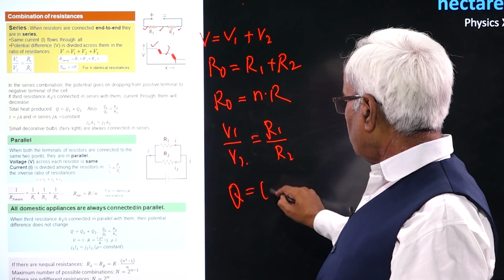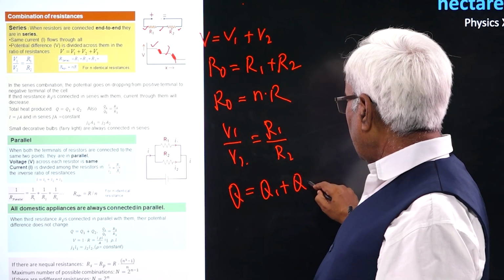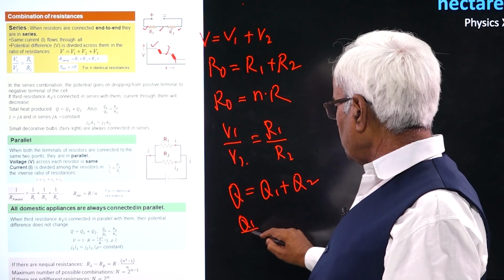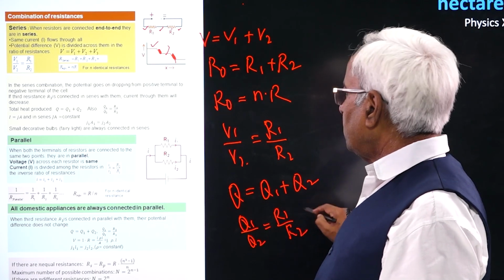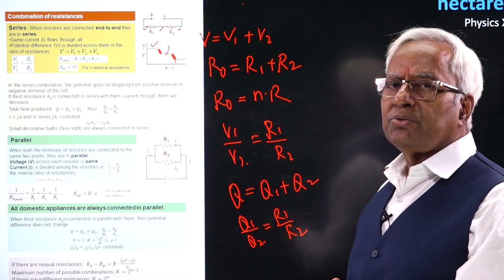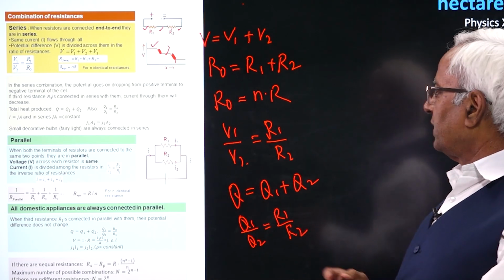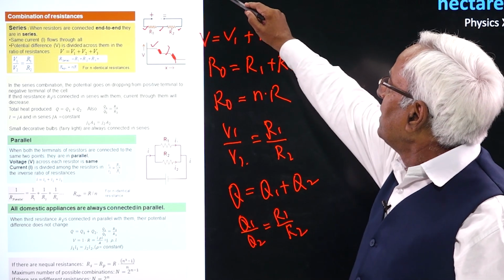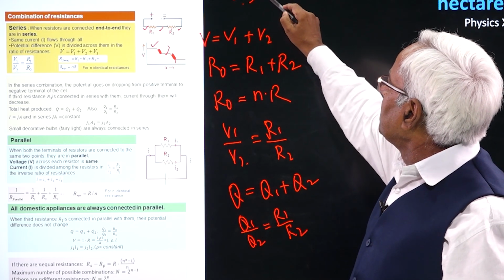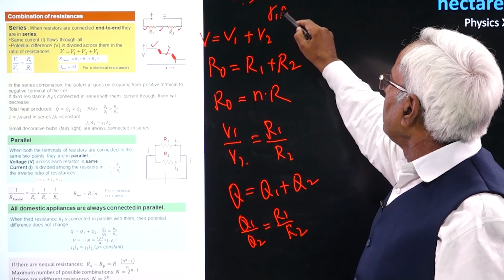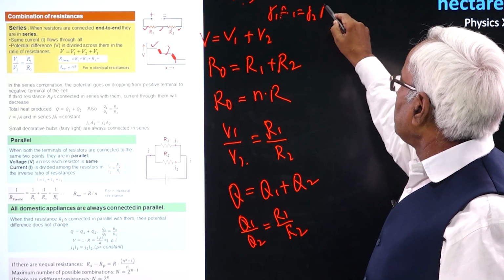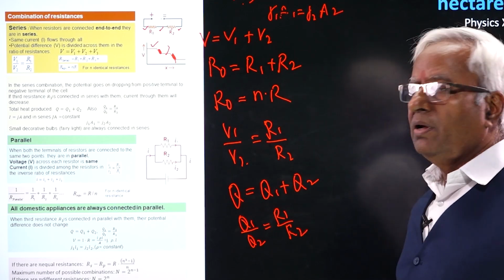The heat will be combined, and if you want to find the ratio, it's going to be again R1 upon R2. Since the current is equal in all the resistances, the current, which is equal to J into A, is going to be constant. That means J1 A1 will be equal to J2 A2.